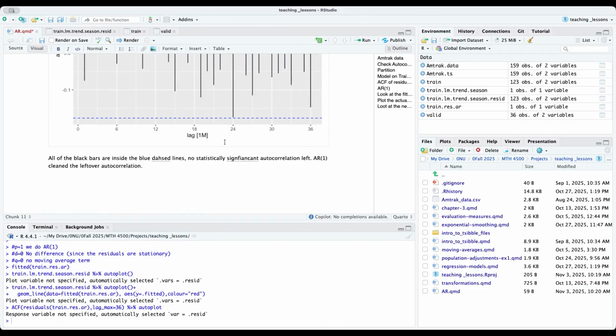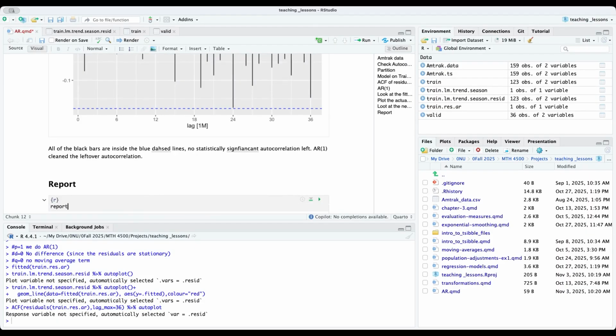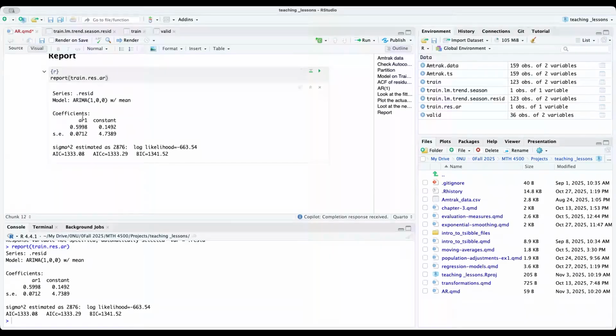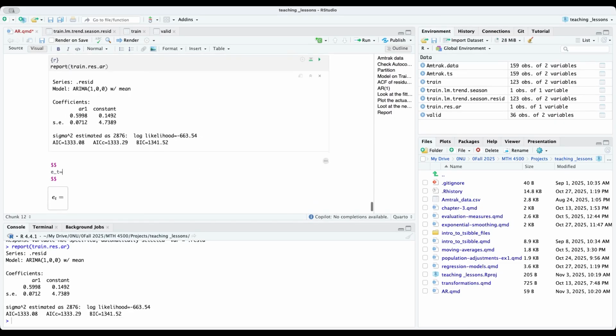We can look at the report, we can report what we got. So we use report on train.res.AR, and this is what we have shown in the slides. Look at AR1. This is the constant term, beta naught. Let me write this down, by the way. So the error is equal to beta naught, which is 1492, plus, there's no negative, plus beta 1.